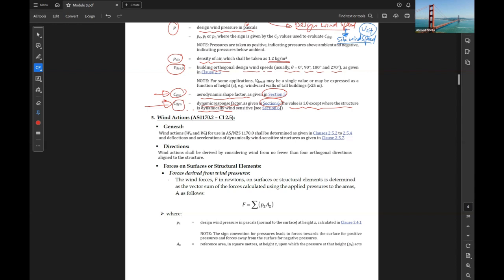This means that if the building is subjected to dynamic loads, you can find the value for C dynamic. Otherwise, it can be taken as 1. Some of the parameters can be taken as 1 for simplicity, but if it is sensitive or needs to be calculated, you can refer to the standard.